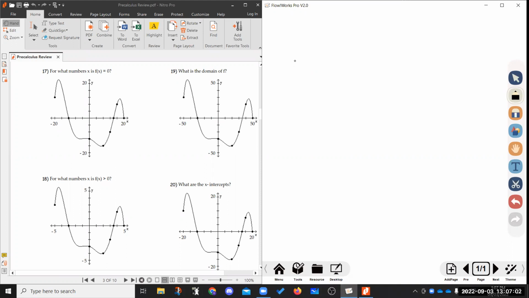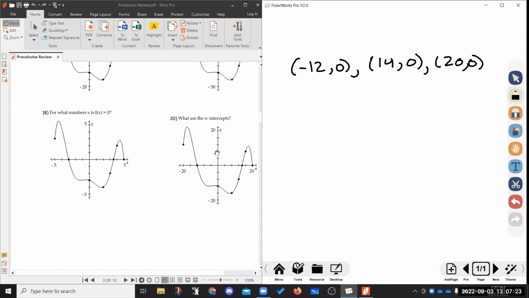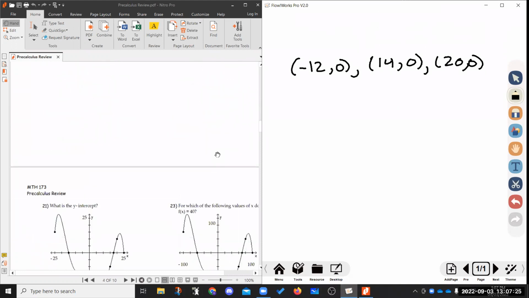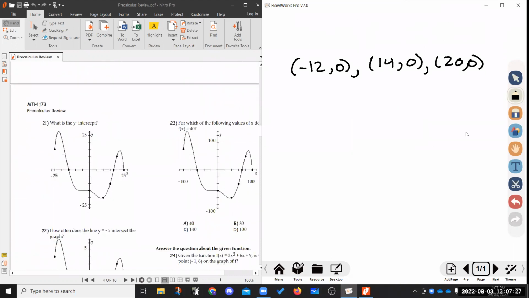And I'm going to have to change those to ordered pairs. So it's going to be -12, 0. Then I'm going to have 14, 0, and I'm going to have 20, 0. Make sure if your teacher asks you for an x-intercept or a y-intercept, you answer as an ordered pair because intercepts are points on the curve.